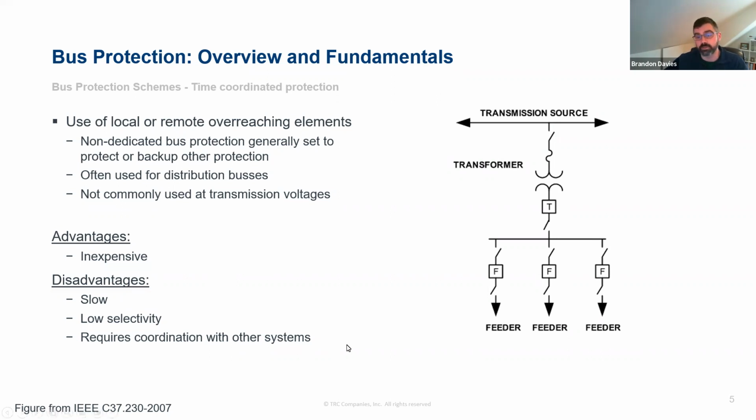And it requires you to do some analysis and a lot of simulations to make sure that the coordination between the time overcurrent elements here, the distance elements in the transmission system, whatever elements you're using, are set to coordinate with the other protection around them, so that you're having the best selectivity and coordination that you can. So this is certainly an option, as I said, but it's maybe not the preferred option for most bus protection applications.